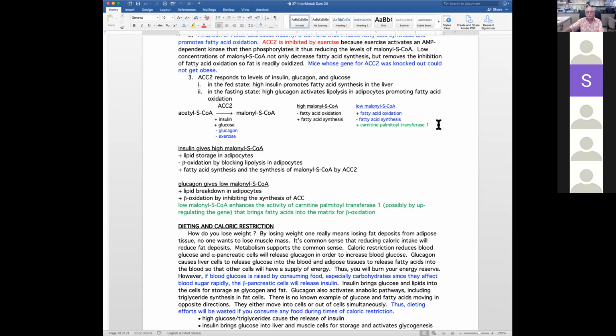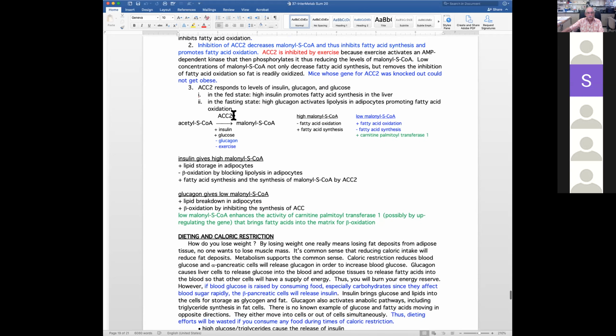Brings the fatty acid into the mitochondria for oxidation. Okay. So, if we found an enzyme inhibitor for this, we can make everybody skinny and make ourselves rich.